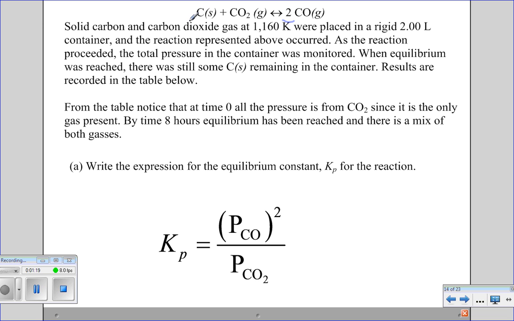I did not include anything for carbon because it's a solid, and solids don't have any pressure. Or you could think of it as their pressure is constant, and if it's constant, it's included in the equilibrium constant. Only the gases show up here because they're the only things that have pressures.